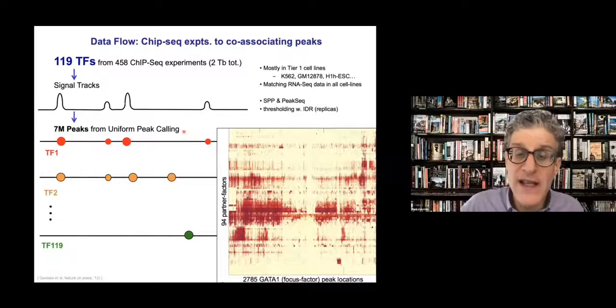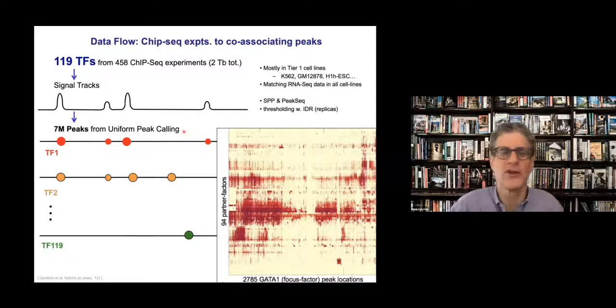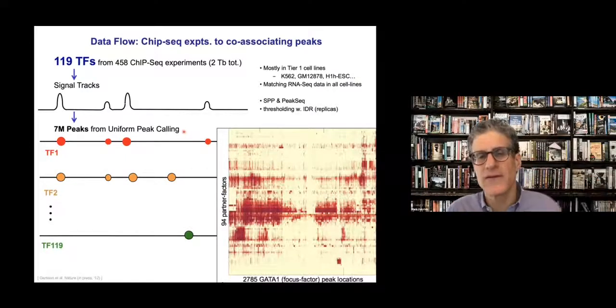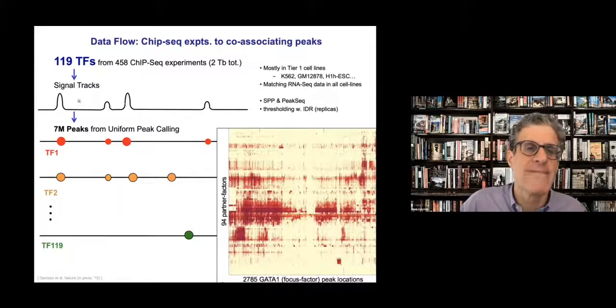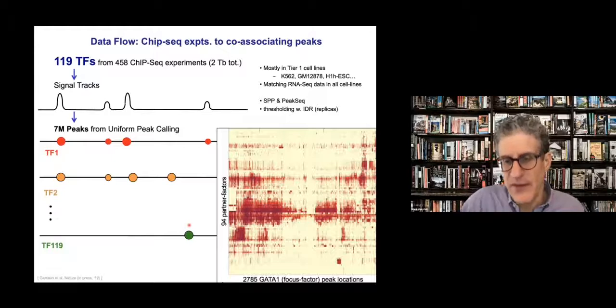Now, a big thing that people do in ChIP-seq, which is very important, is they often look at transcription factors that bind in the genome. So they're looking at the binding of, say, a transcription factor. And what will happen here is they'll find a peak, and they'll find different peaks for the different transcription factors, from raw data that looks like this.